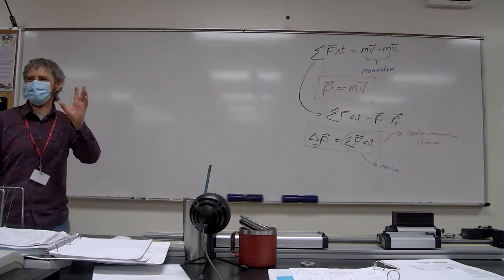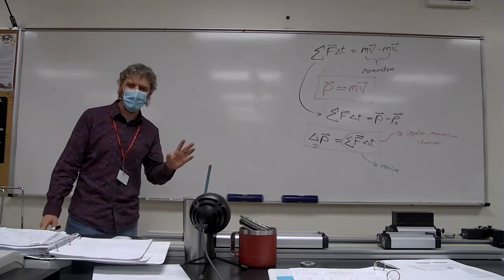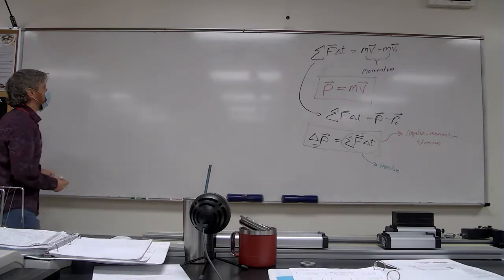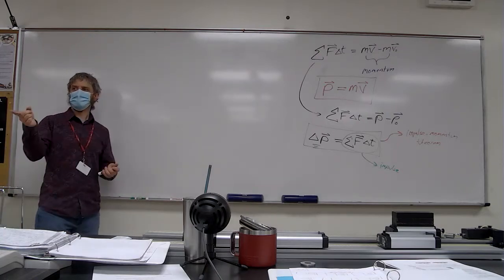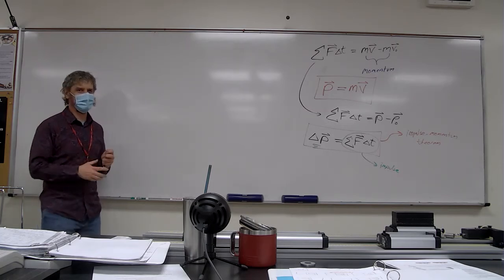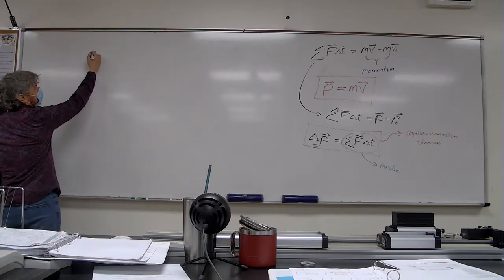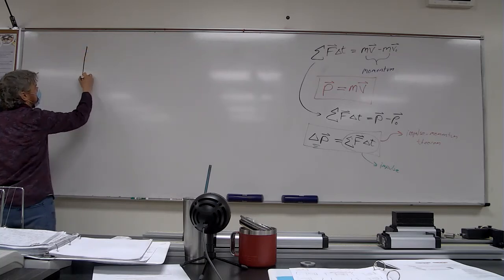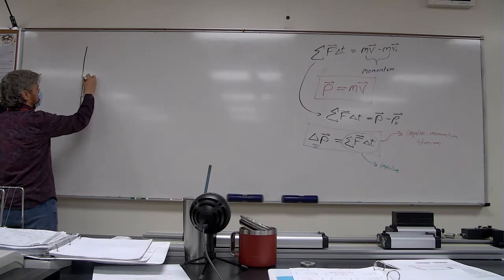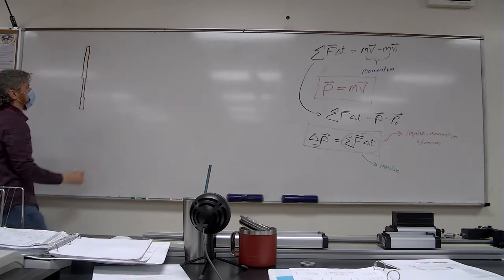Normally I would pull a video up, but I just ran out of time this morning. But have you ever watched a tennis ball get hit by a tennis racket in super slow motion? It's very interesting. Here, let's do a side view of a tennis racket. Here's the tennis racket. Here's the handle. So it's from the side.